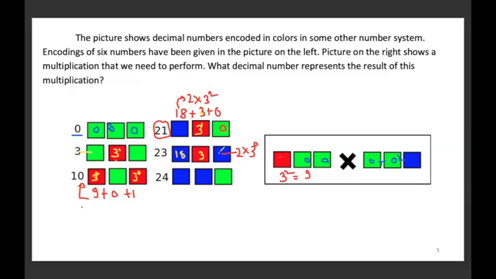So 18, 3 and 2. 18 plus 3 plus 2 will be equal to 23, which is also working. It's true. So हमारा assumption बराबर है. Last वाला भी I will check it out. 18 plus 2 into 3, 6 plus 0 will be 24. Even that works. So our assumption is correct.